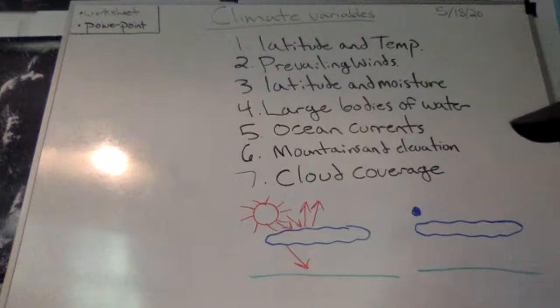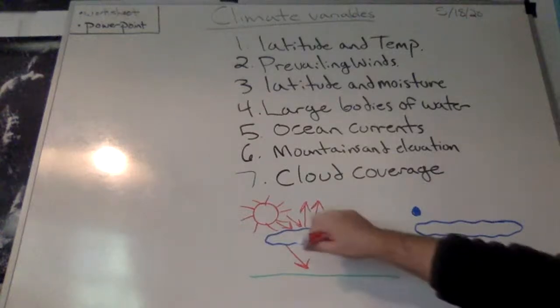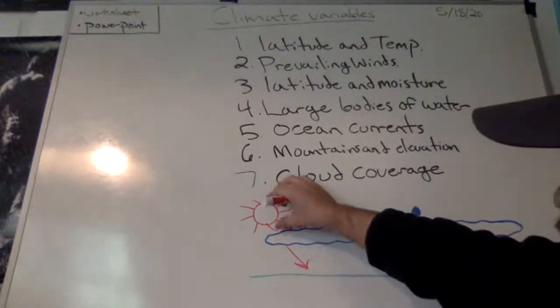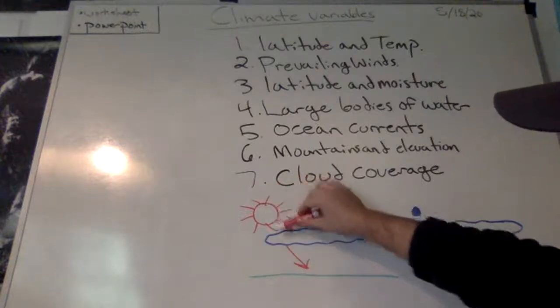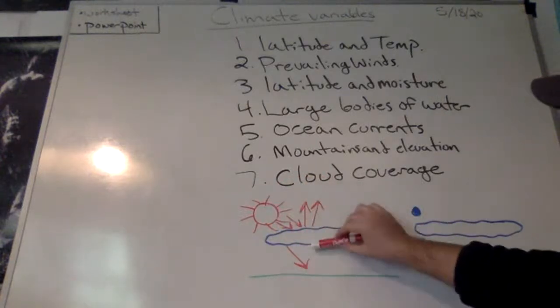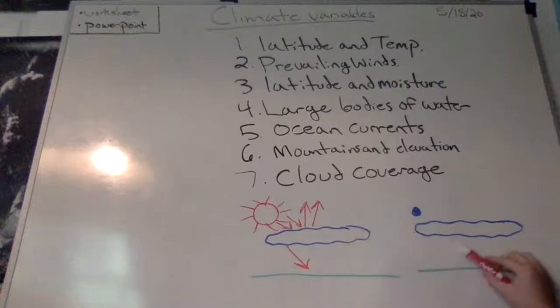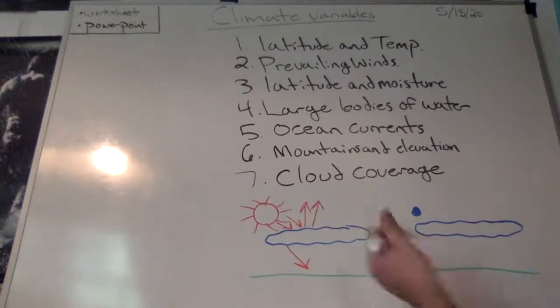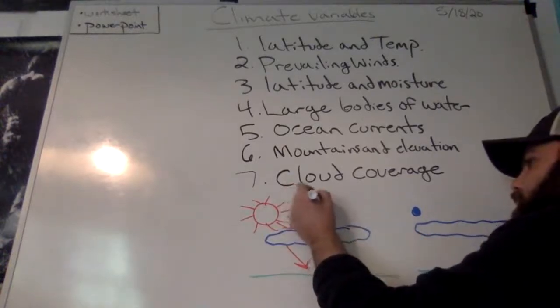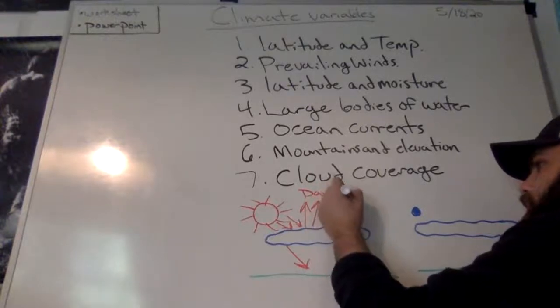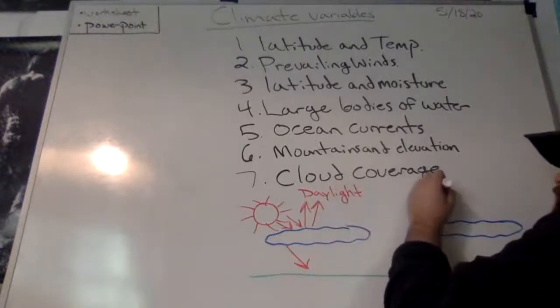What happens now is when the sun's up, sunlight's going to come down. Only some of it's going to go through the clouds to heat up the earth. Now, during the nighttime, okay, so this is daylight. This is the night.